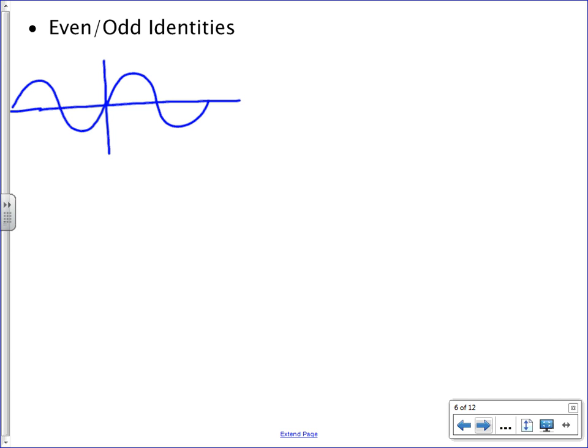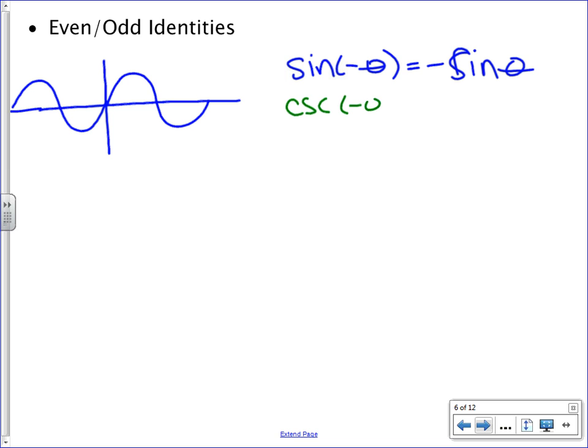Which means f of negative x is the same thing as negative f of x. And since cosecant is the reciprocal of this graph, it has the same properties.